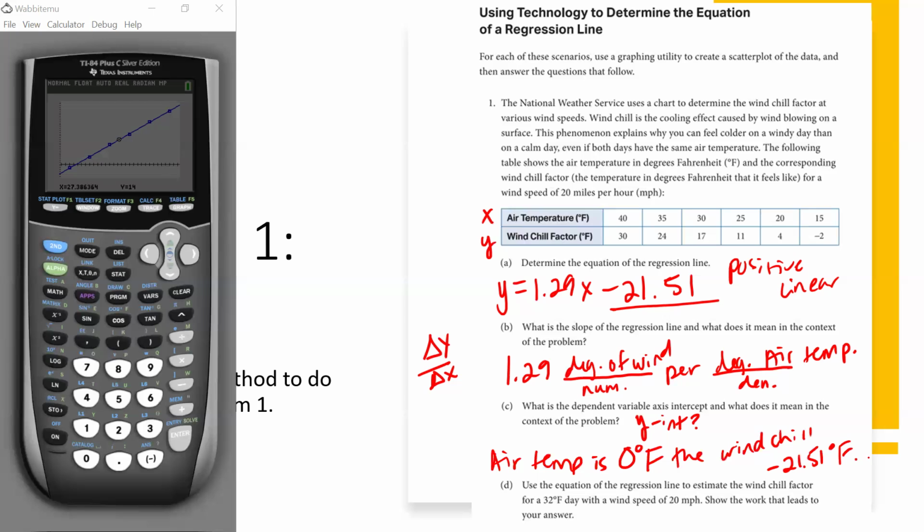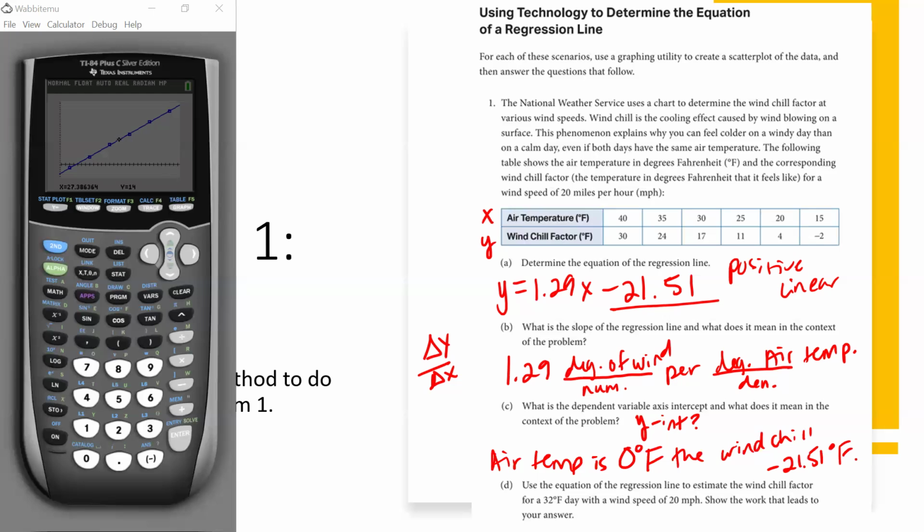Because remember, your y-intercept is when your x value is 0. And for this problem, our x value describes the what? All right, for this value, our x describes the air temperature.